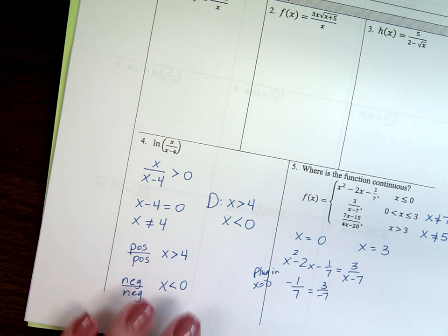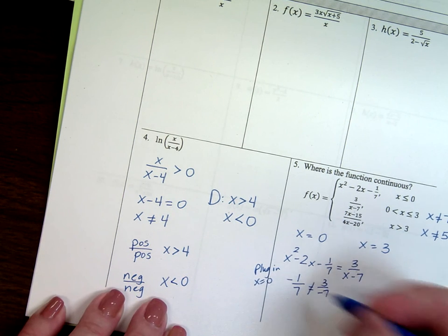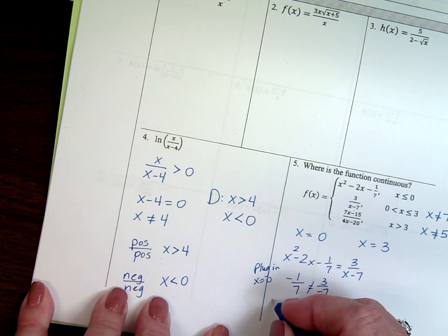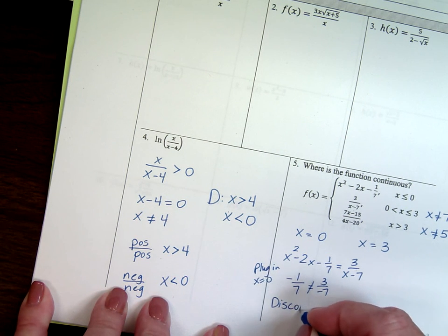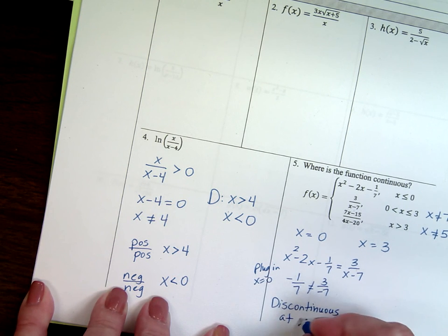Well, that means that as I come at 0 from one side, I get negative 1/7. As I come at 0 from the other side, I get negative 3/7. It's going to be lower, right? So I end up with it not connecting. It's a disconnected thing. Since these are not equal to one another, you know that this is a discontinuity. It's discontinuous at x equals 0.